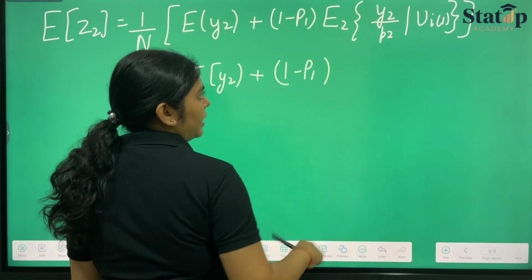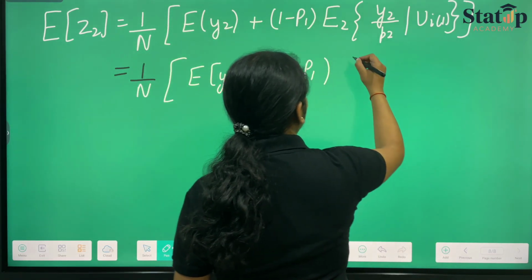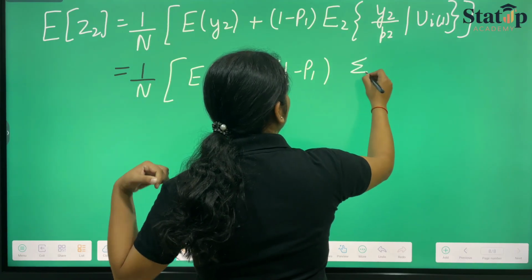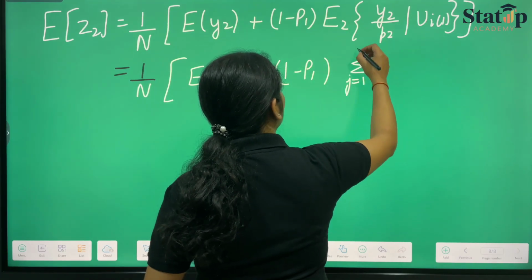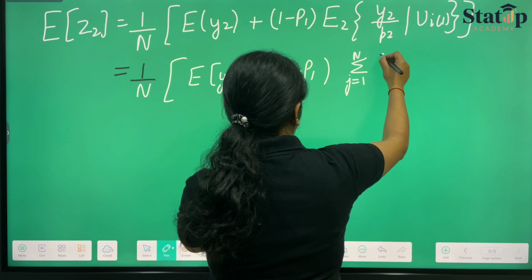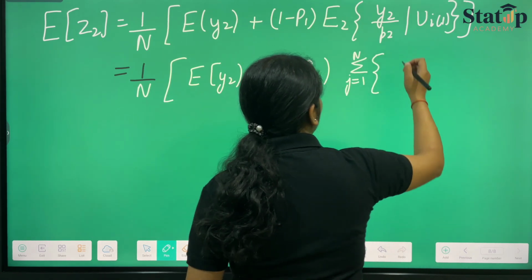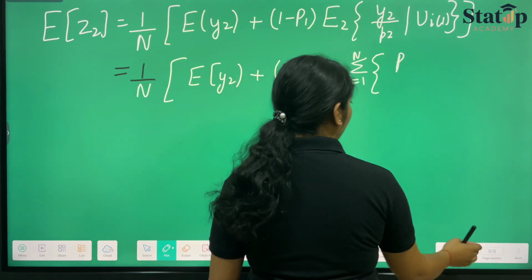Now expectation of y2 upon p2 given y1 is nothing but summation over j goes from 1 to n. What was the probability?